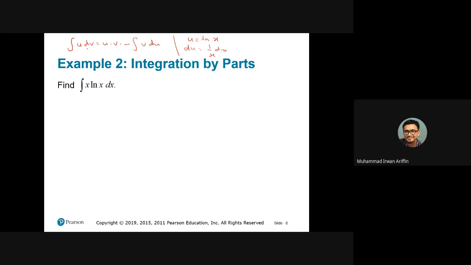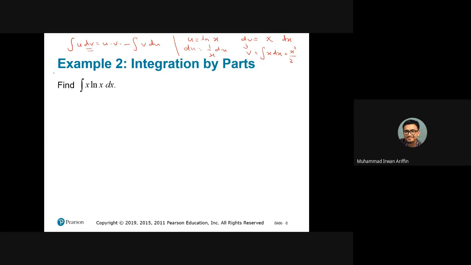And this is dv. Since I have defined natural log of x to be u, my dv would be x multiplied with dx. In order to obtain v, I have to integrate this, and I will get x squared over 2, right?